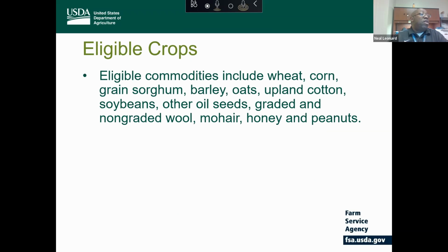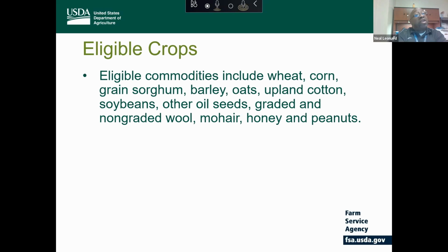Eligible commodities include wheat, corn, grain sorghum, barley, oats, upland cotton, soybeans, other oil seeds, graded and non-graded wool, mohair, honey, and peanuts. Oftentimes, there are certain crops here in Georgia that we put on loan. And I'm going to go ahead and mention this.